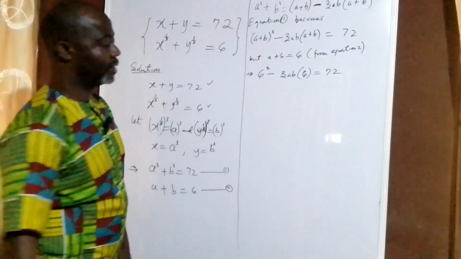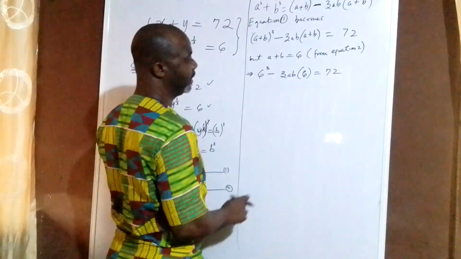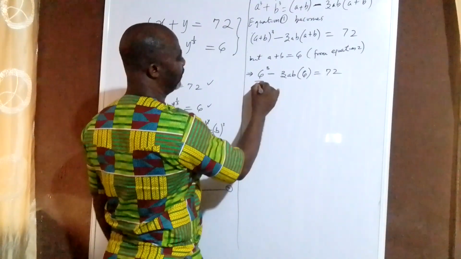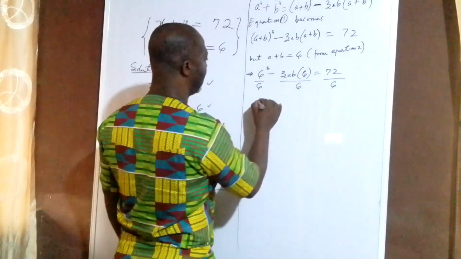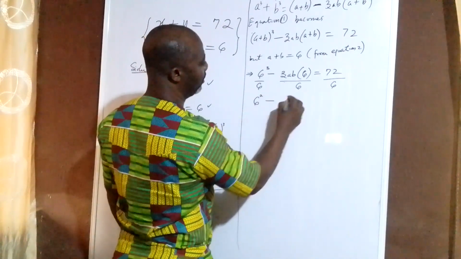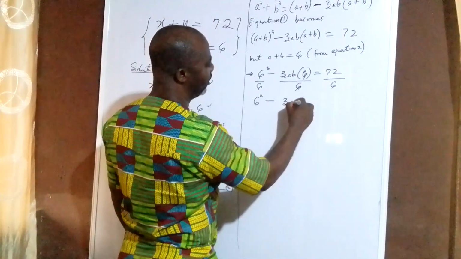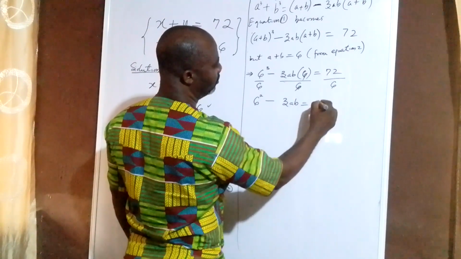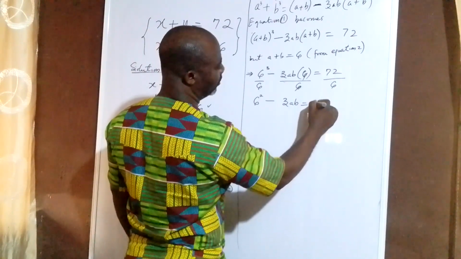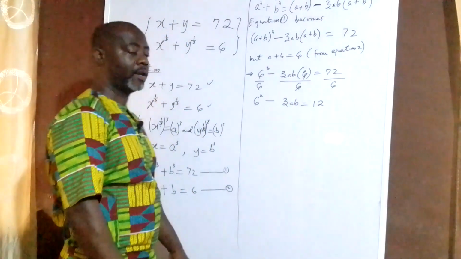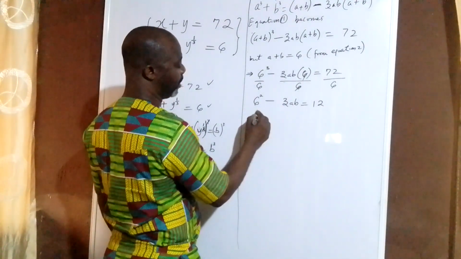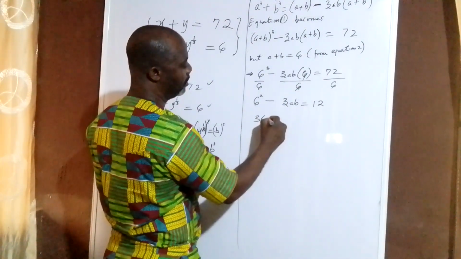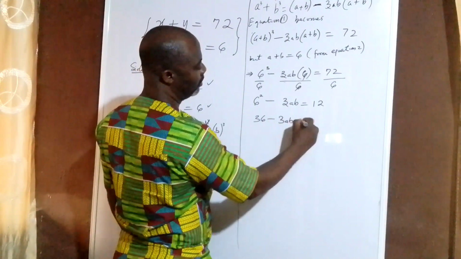What we are going to do is divide all through by 6 first. So we have 6 squared minus 3ab equal to 12. That is, 36 minus 3ab equal to 12.